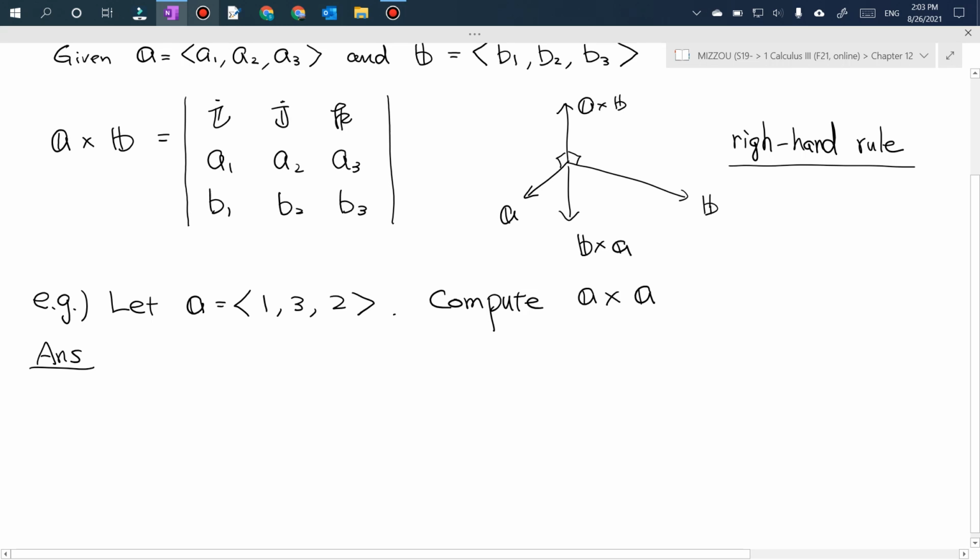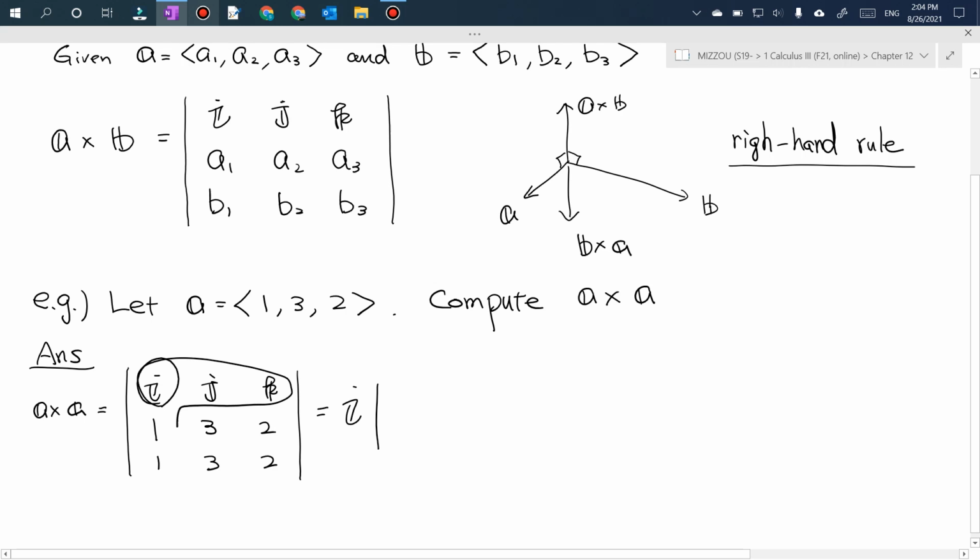So A cross A is computed by using this one. You put i, j, k, and then you list the components of the vectors like this. Since we are computing the cross product of A with itself, we just list the same numbers. Then the way to compute it was to pick i and hide those, and what you're left with is 3, 2, 3, 2.